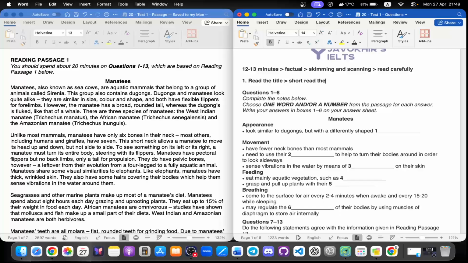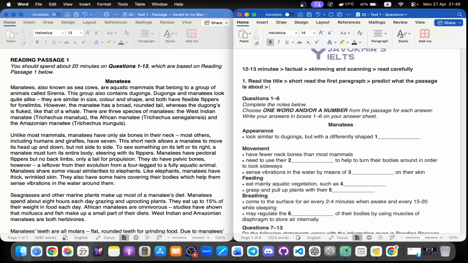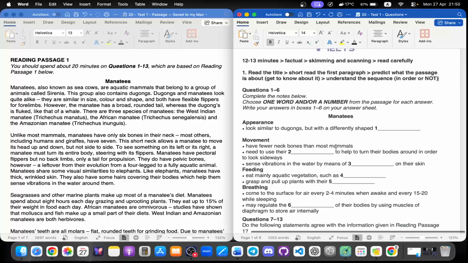Skim the first paragraph and predict what the passage is about, which basically means getting to know it. Then understand whether the questions go in order or not, and then you start doing it.